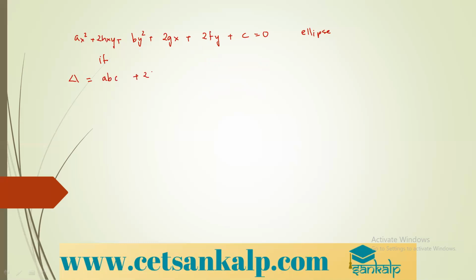ABC plus 2FGH minus AF square minus BG square minus CH square is not 0 and H square is less than AB. So this is the main condition.